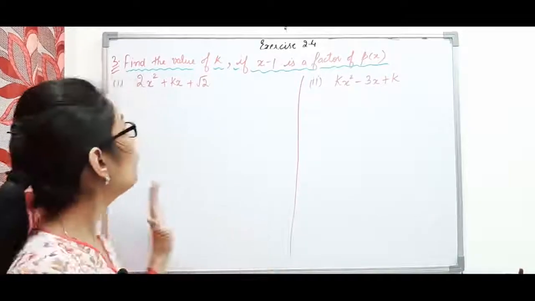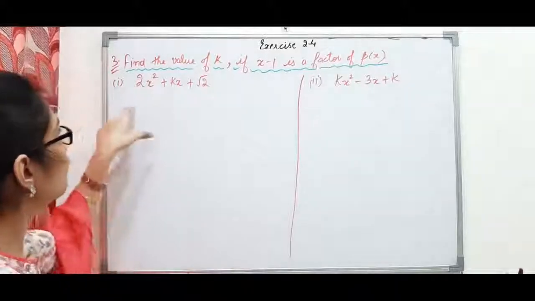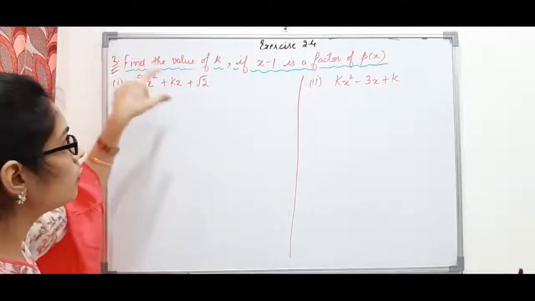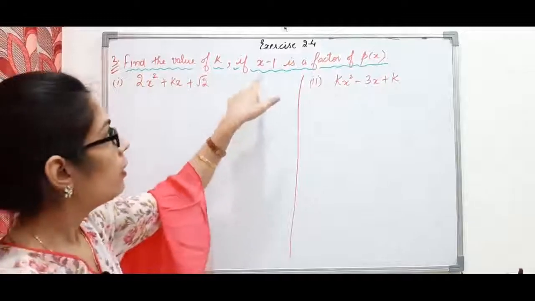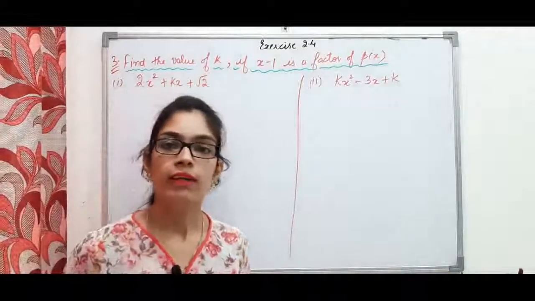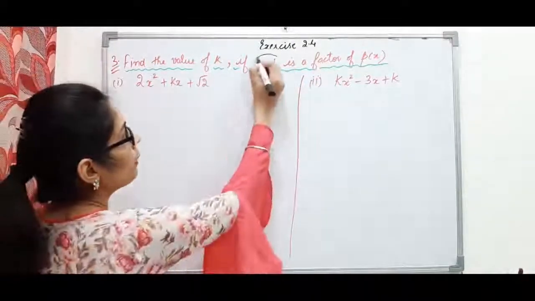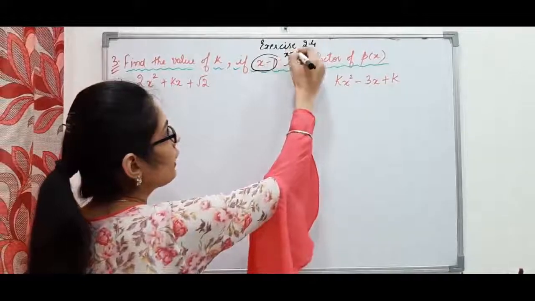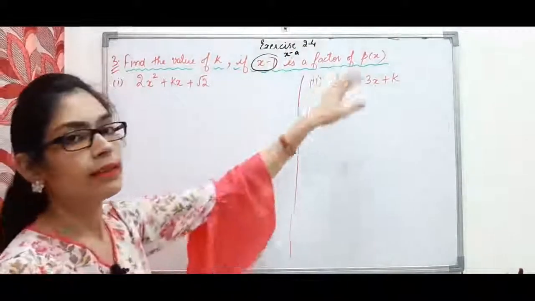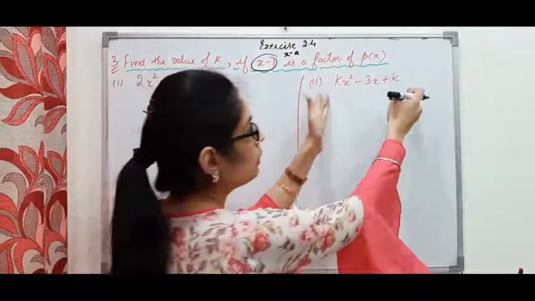So let's do the third question of exercise 2.4. It is telling us to find the value of k if x minus 1 is a factor of p(x). See, it's already given to you that this x minus 1, we already know that this is our x minus a. This is a factor of p(x), which means this is a factor of this polynomial also.